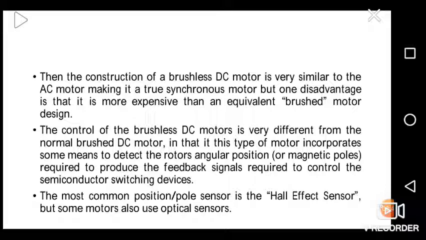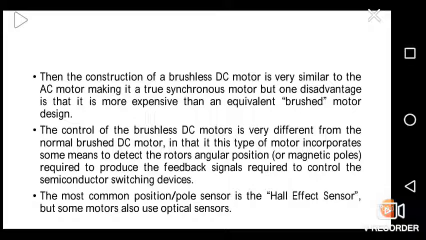The control of a brushless DC motor is very different from a normal brushed DC motor in that this type of motor incorporates some means to detect the rotor angular position, required to produce the feedback signals needed to control the semiconductor switching devices.